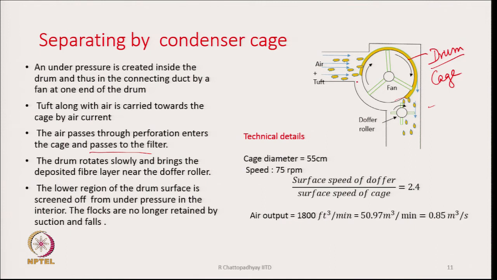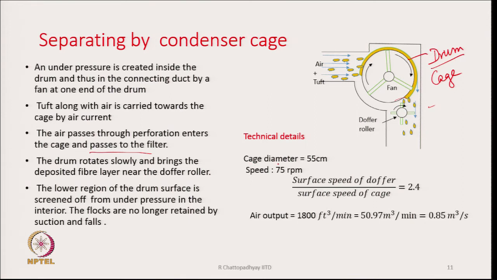So, the tufts are coming, falling on the surface of the drum, and they are stuck on the drum surface. But the drum slowly rotates, it carries forward the deposited tufts to the other side, where these perforations are blocked by an interior plate, which will block these perforations, and hence there is no force acting between the tuft and the drum. So, they can be easily scraped off by the Doepfer roller.